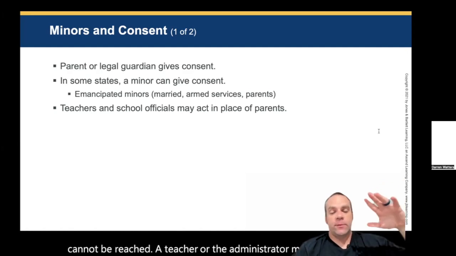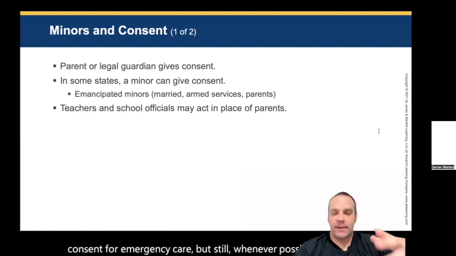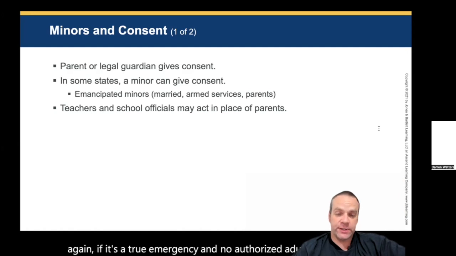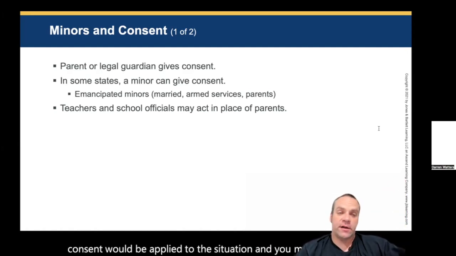But still, whenever possible, you should always attempt to contact a parent or guardian. But again, if it's a true emergency and no authorized adult is available, then implied consent would be applied to the situation, and you must treat the child to prevent death or injury.